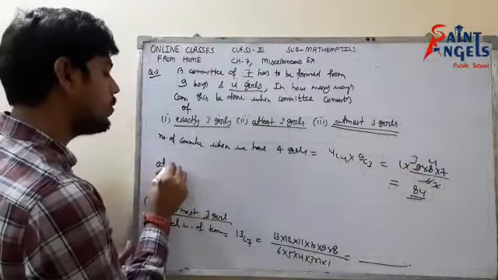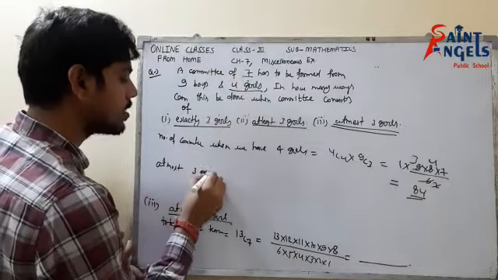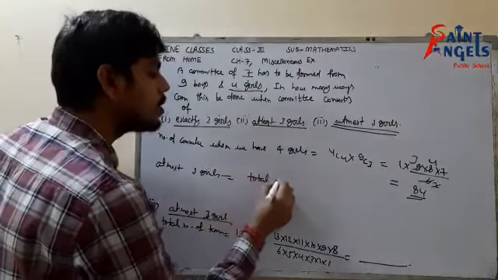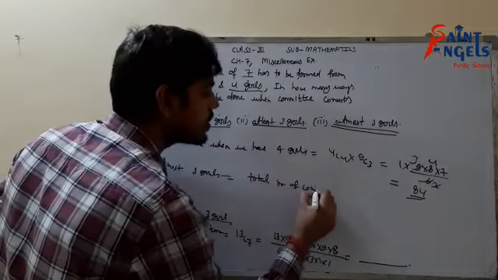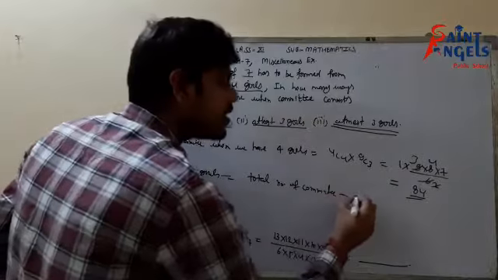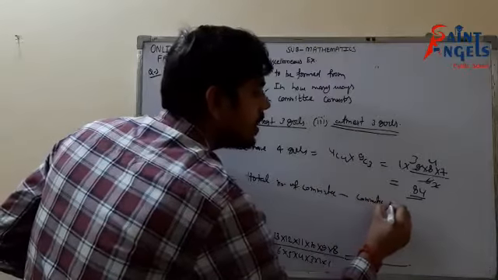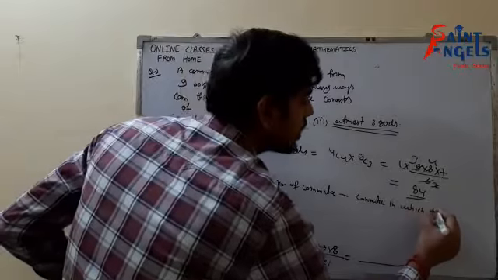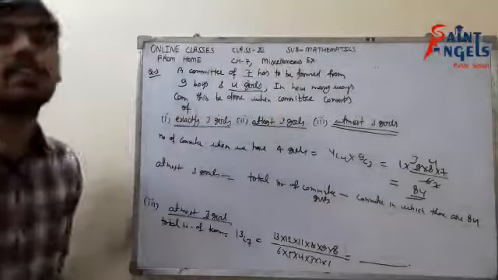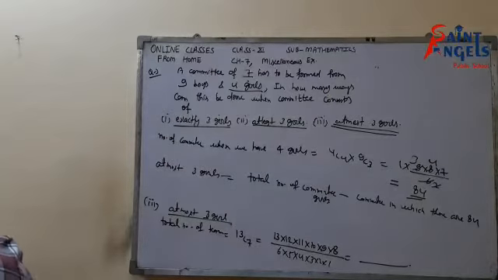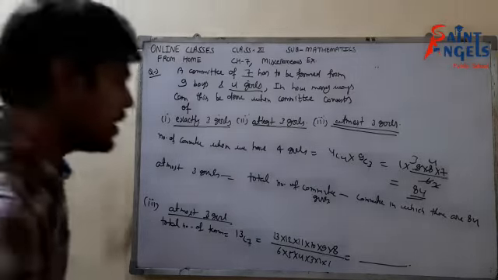So at most 3 girls would be equal to the total number of committees minus the committees in which there are 4 girls. I hope it's clear. When I subtract the number of committees in which there are 4 girls, then we will get those committees where we have at most 3 girls.